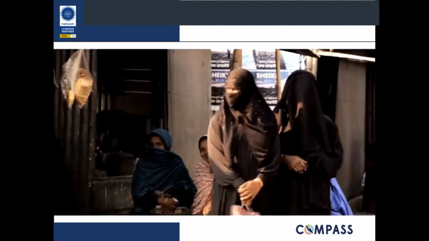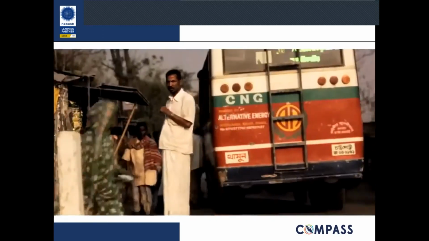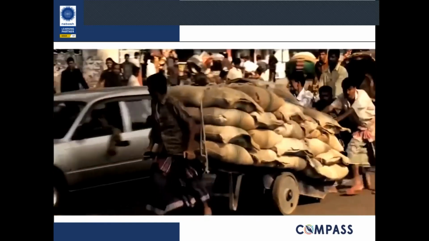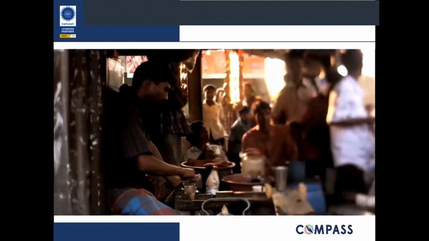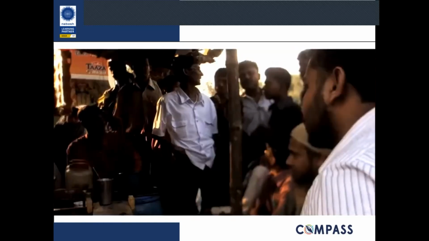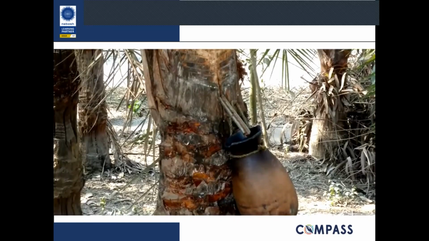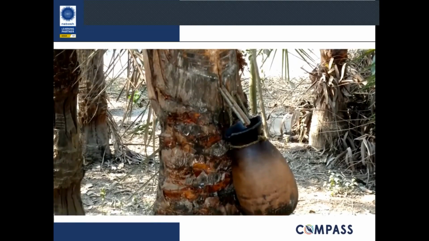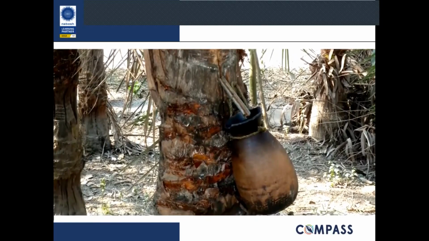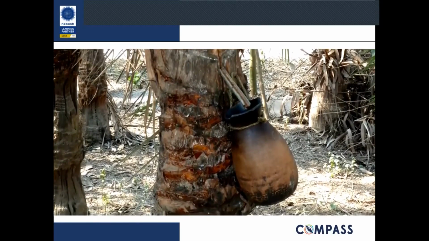It was a predominantly Muslim society and pork was not eaten. But they pieced together a story that showed that when these bats went to this date palm juice, now here's a pot on a palm tree that is collecting date palm juice, which is a sort of sweet juice that can also be made into something called gur, which is a type of sugar.